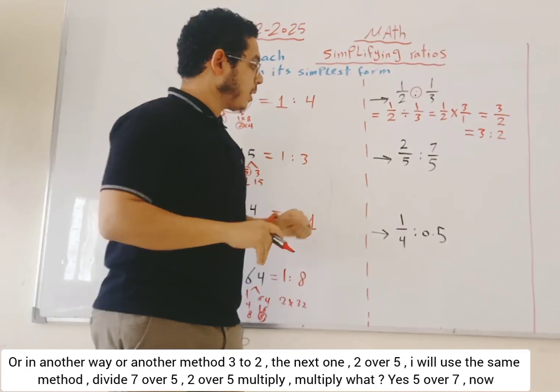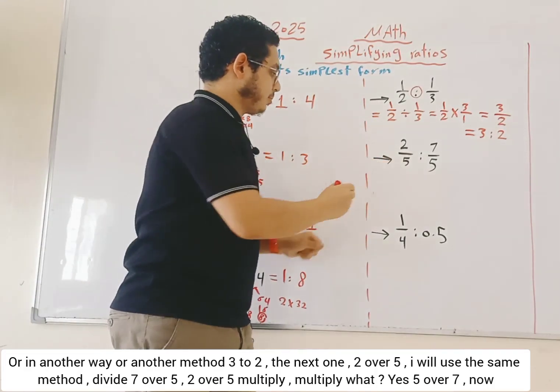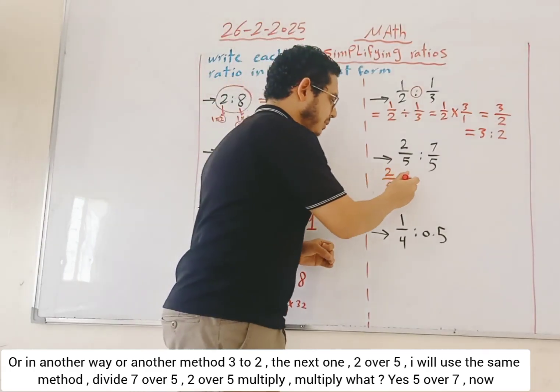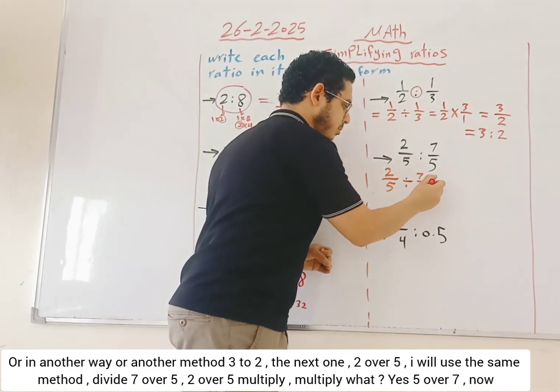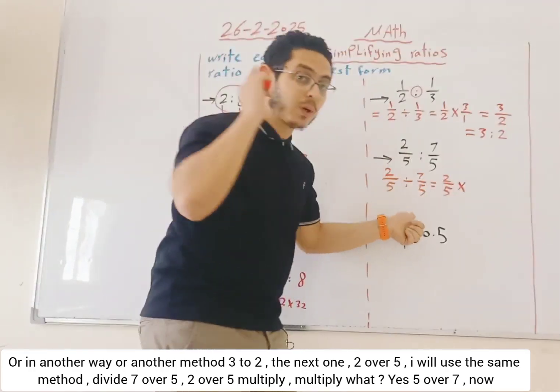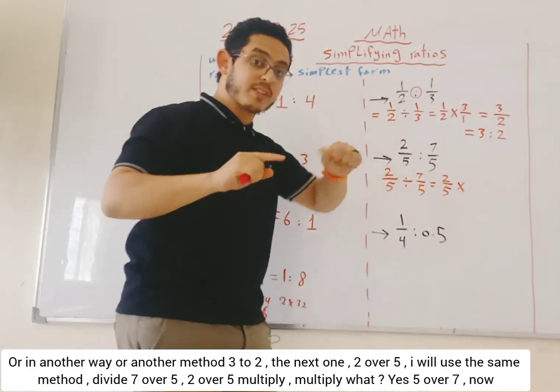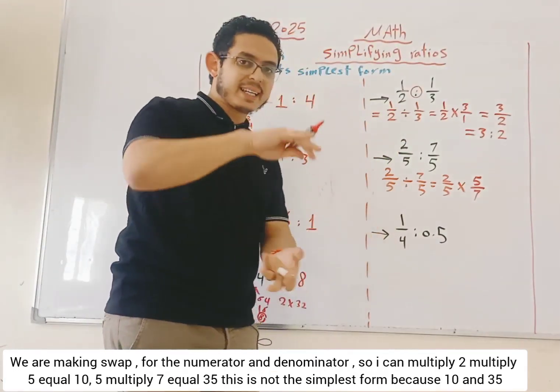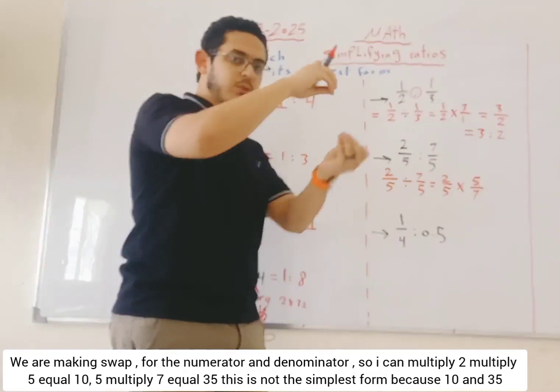The next one. 2 over 5 divided by 7 over 5. I will use the same method. 2 over 5 multiplied by, what? Yes, 5 over 7. Now we are swapping the numerator and the denominator.